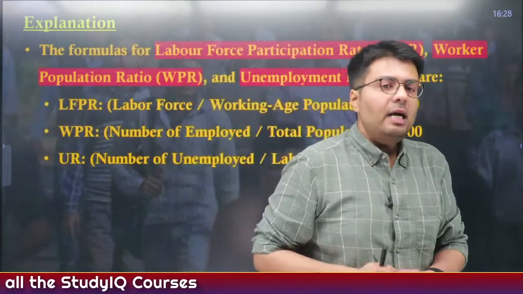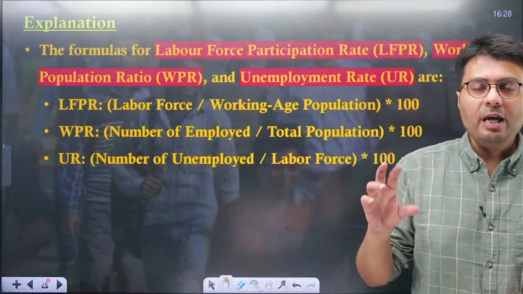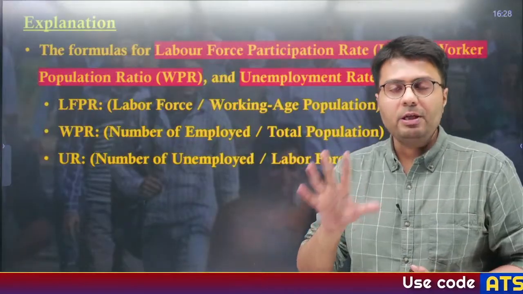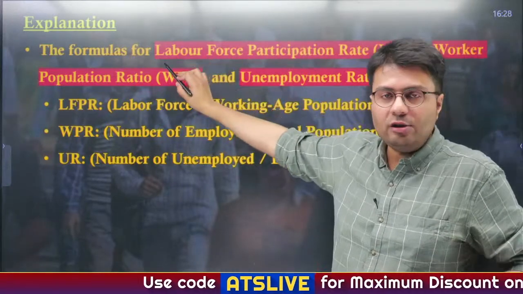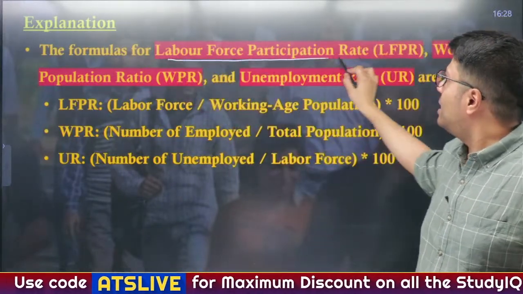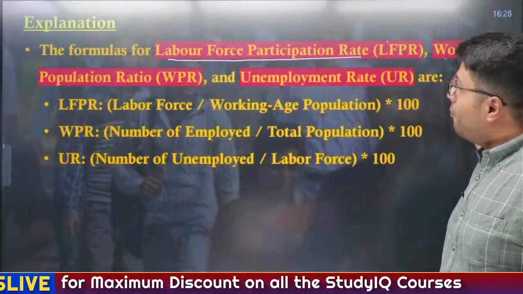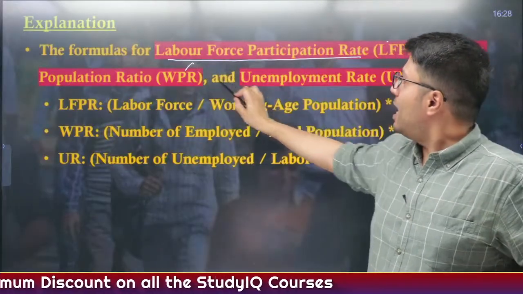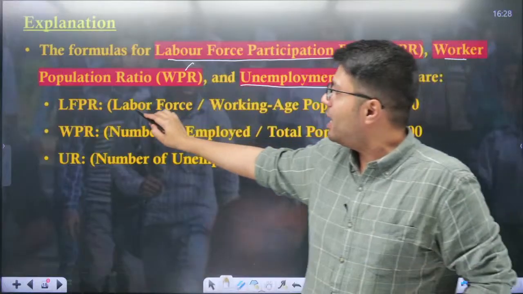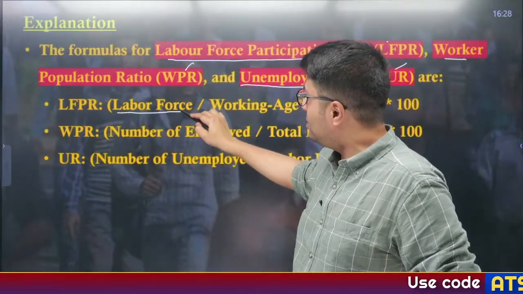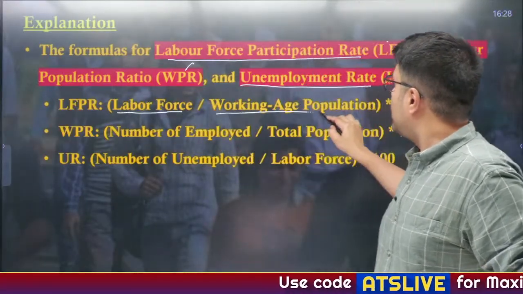Now let us understand what kinds of employment and unemployment rate are published by the PLFS. Okay, now it produces three kinds of measures, that is labor force participation rate LFPR, worker population ratio WPR and unemployment rate UR. And what is the formula of LFPR? LFPR is labor force in India divided by working age population.